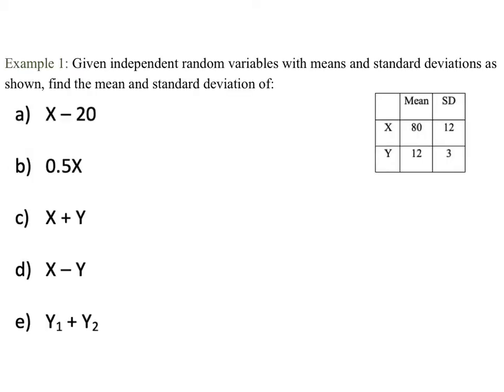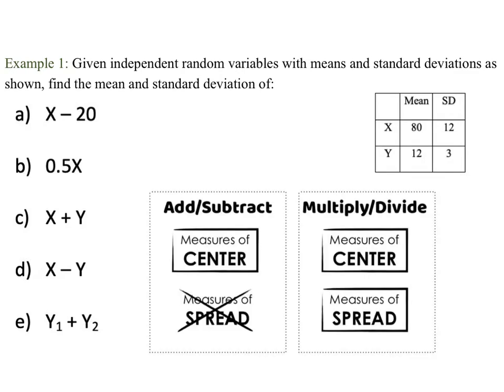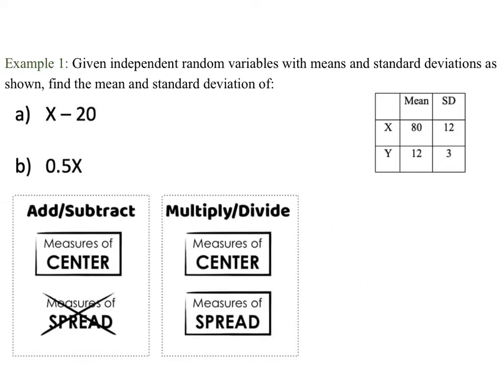So we're going to look at a completely algebraic example here, where we're given two independent random variables with their means and standard deviation. And we are told to find the mean and standard deviation of several different scenarios. Completely algebraic, no context. For the first two, we're going to be using the rules for adding and subtracting constants.